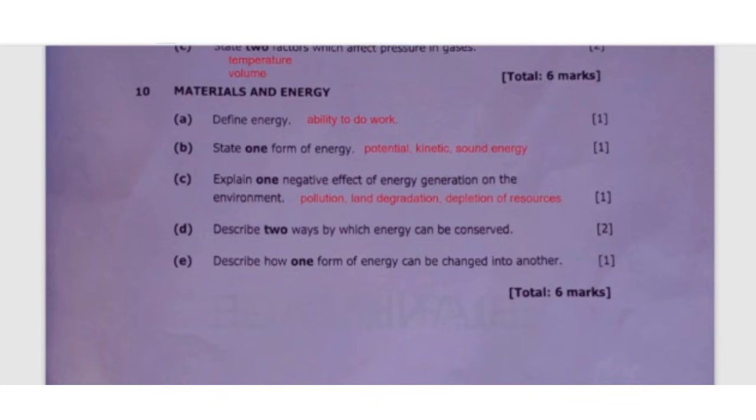Those are the negative effects. If we can have a source of energy which doesn't deplete the sources of energy, now it doesn't finish the resources. So we can go now to question D.